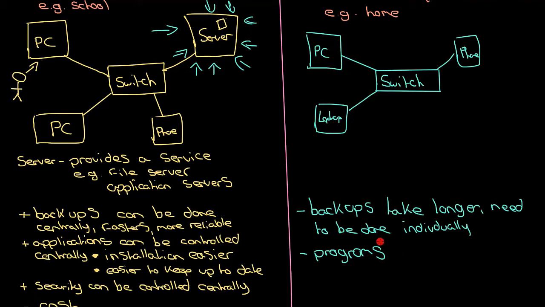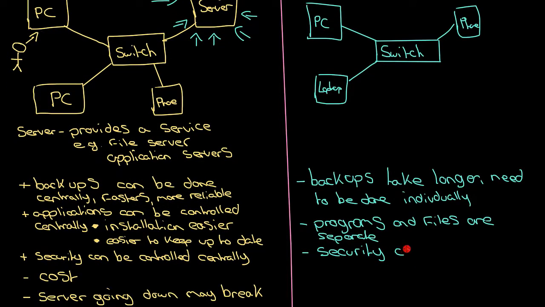That can be an issue. So if you've got an essential program, I don't know, something like Microsoft Word installed on one computer, you won't necessarily have it installed on another. So you might not be able to work on that computer. Security can vary massively depending on the device and how often it is updated. And that can be a big issue because often attackers are just looking for the weakest device on the network and they'll exploit that.